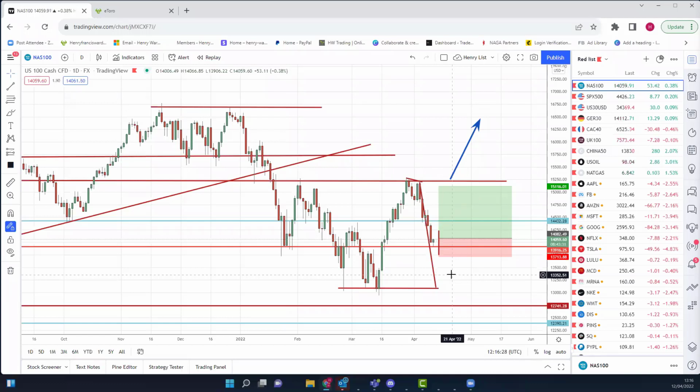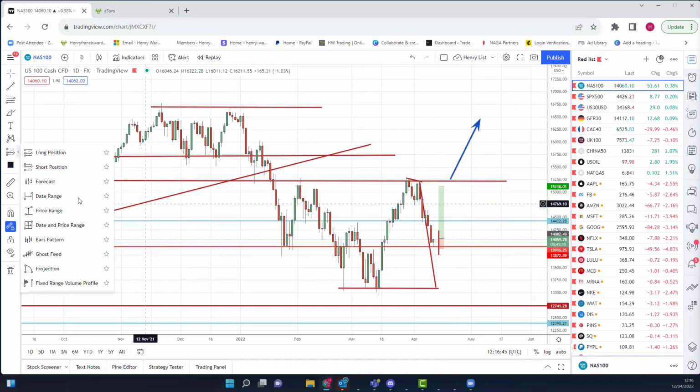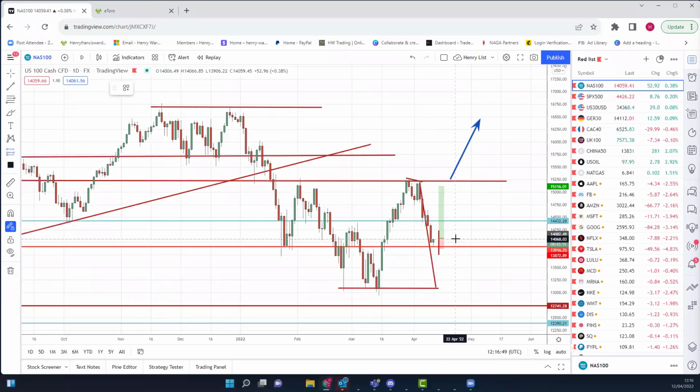Now, could you put both on? Absolutely, of course you can put both on. You can put even both here on if you wanted. You could put this trade on here. Now, if you're putting both trades on, I would recommend you still only risk 1%, but you put 0.5% on this one, and then you put 0.5% on this one here.